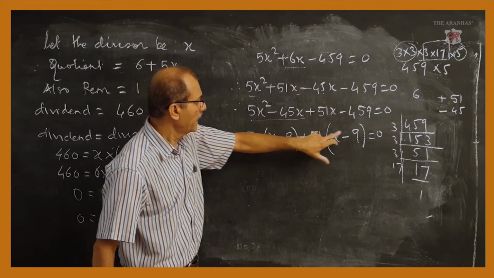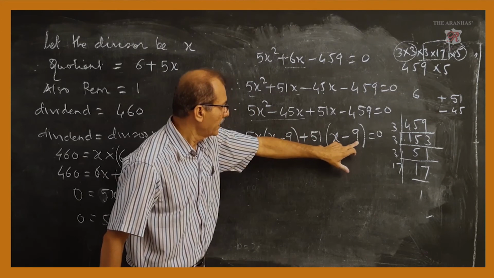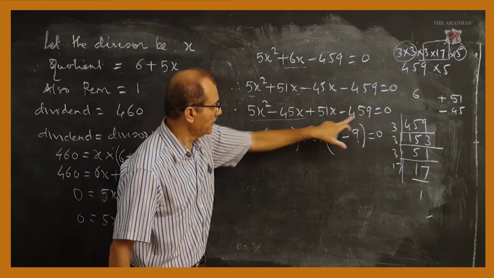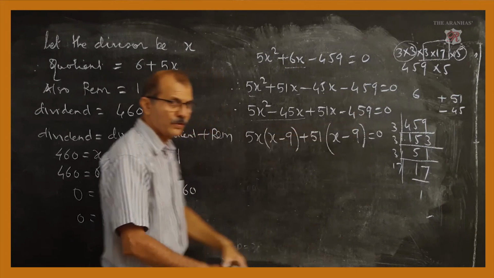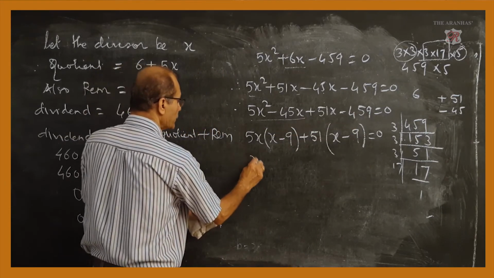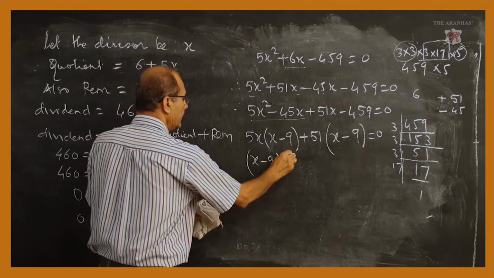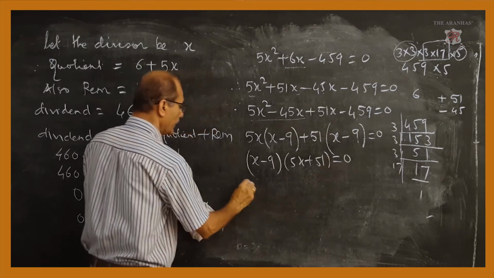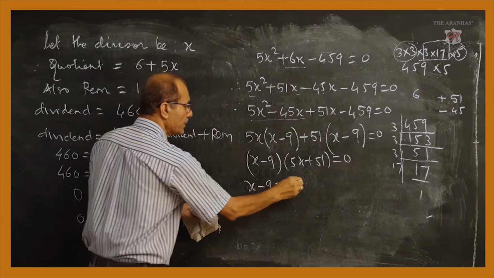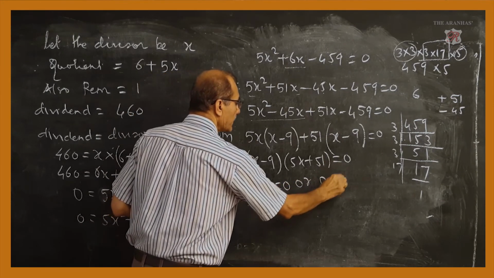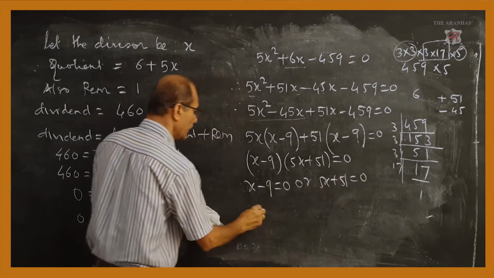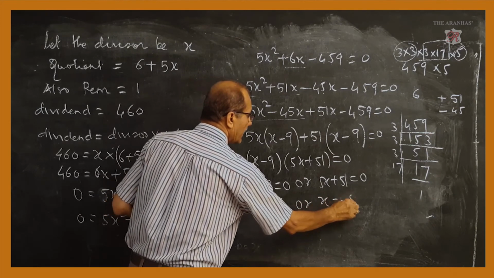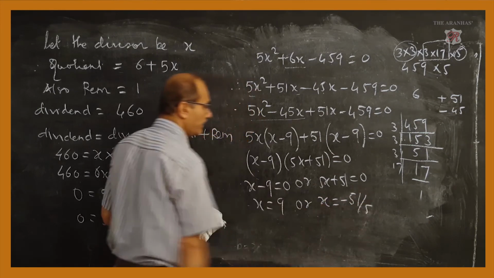So 51 into 9, if you multiply 51 into 9, 9 ones are 9, 9 5s are 45. Correct? So what comes out common now again? (x minus 9) into (5x plus 51) is equal to 0. So x minus 9 equal to 0 or 5x plus 51 is equal to 0. Therefore, x is equal to 9 or x is equal to minus 51 upon 5.